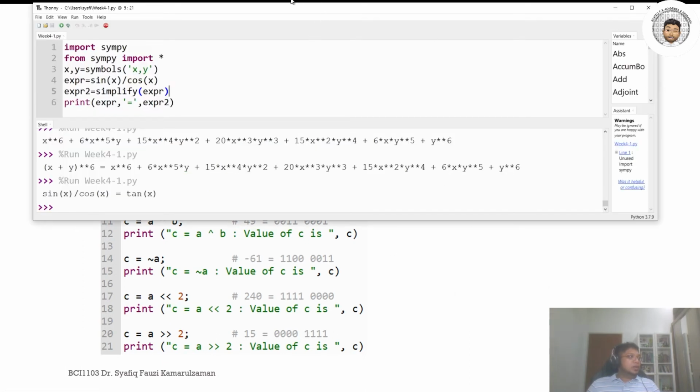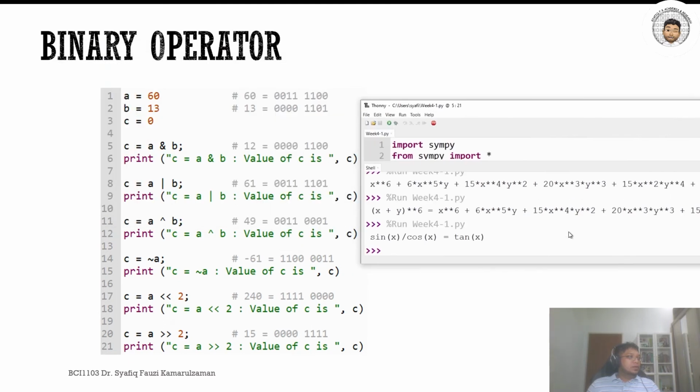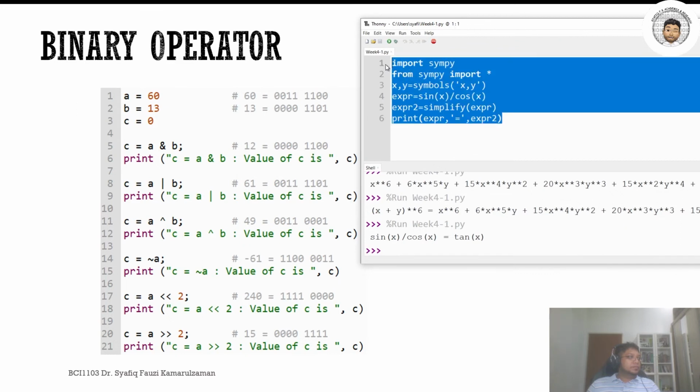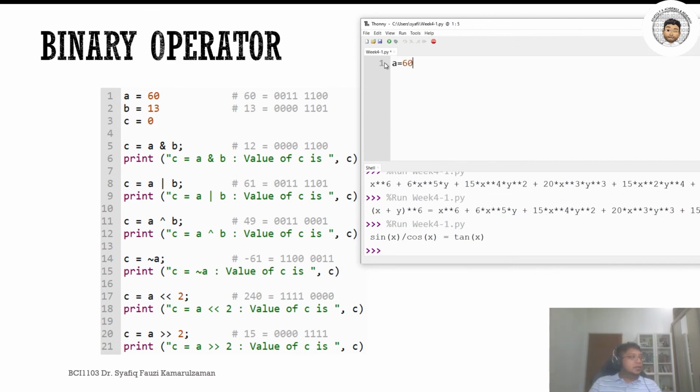Let's try and do one. So you have A, B, C. A is equal to 60, B is equal to 13, C is equal to 0. Let's go directly to print. Print C is equal A and B. Let's see what the result is here.